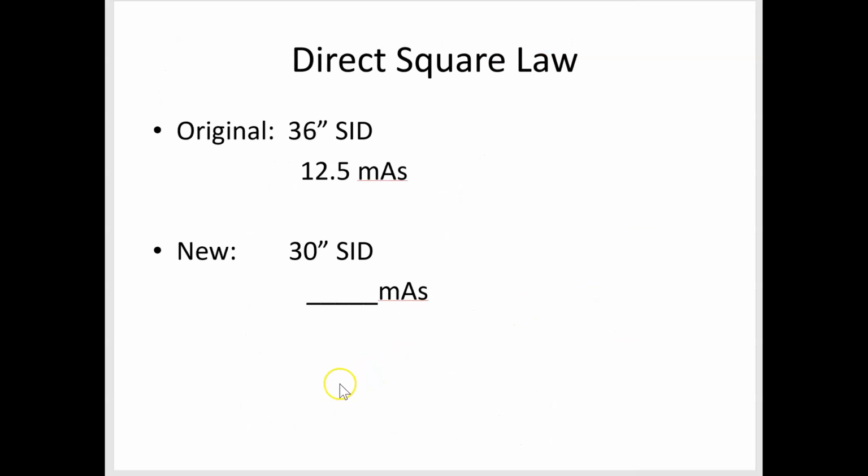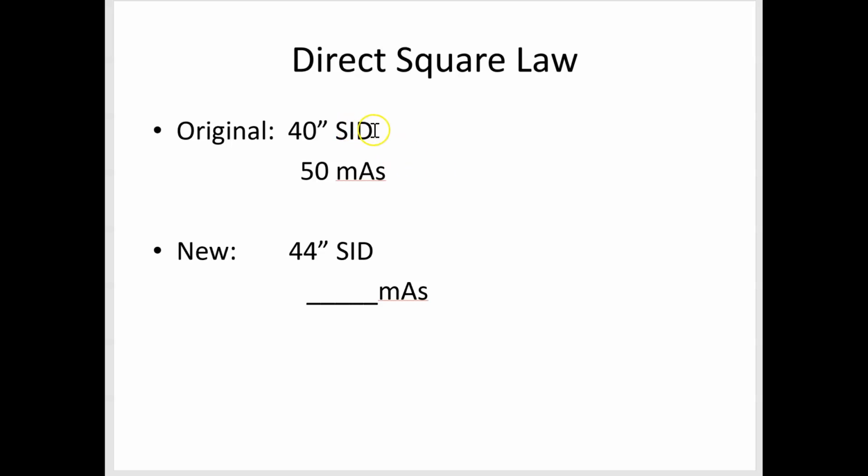So here is another example of using the direct square law to change your mAs if you're changing your distance. I'm not going to go through that again. I would suggest you try it on your own. I also suggest that before you submit the answer, go back and double check. Let's go back to this other one. On this one, we ended up with 60.5 mAs.